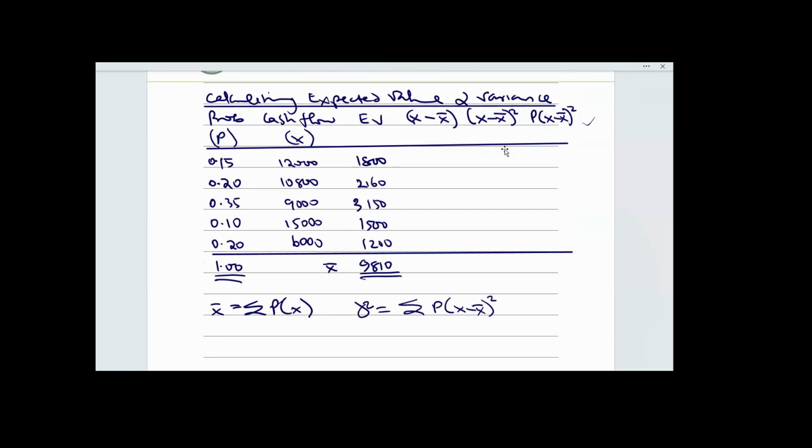So to get the variance, first thing first, this is x. You are going to subtract the expected value from the cash flow. 12,000 minus 9,810. What do you have? 2,190. 2,190 squared.